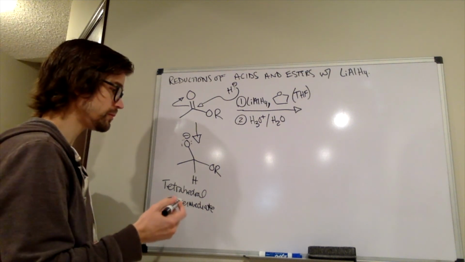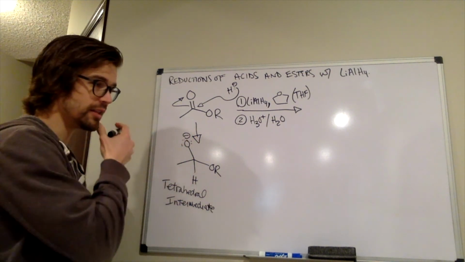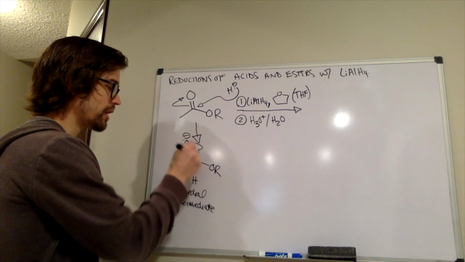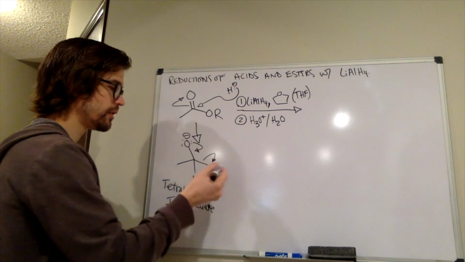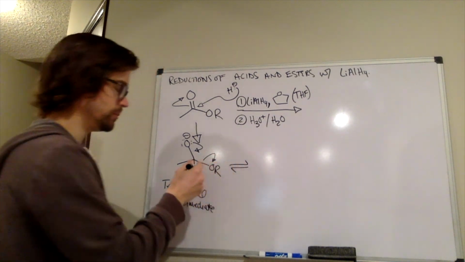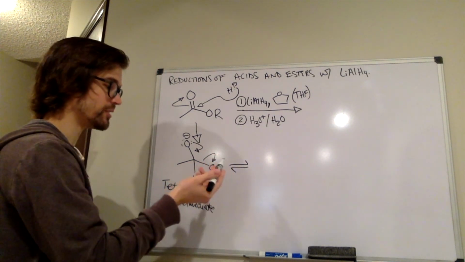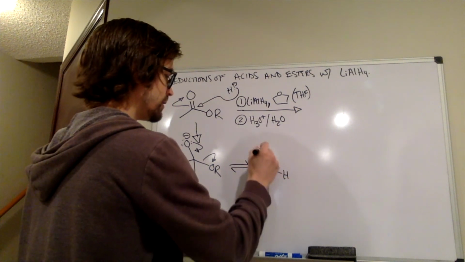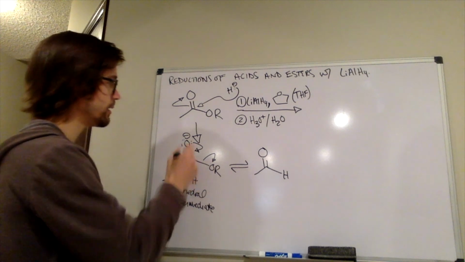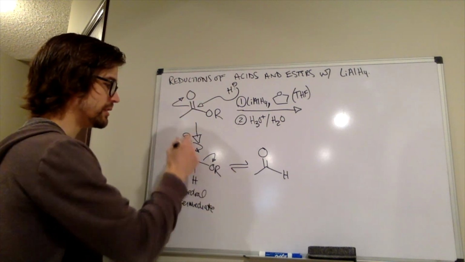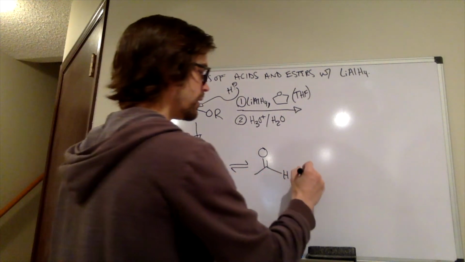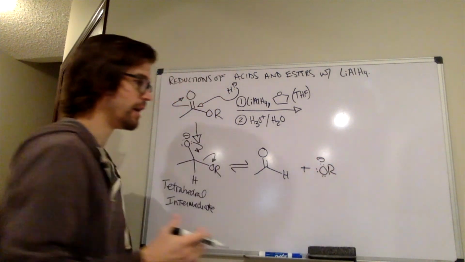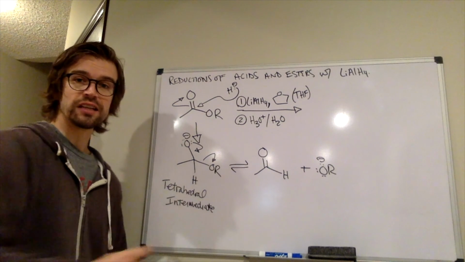Essentially, this pi bond is also able to come down and kick out this alcohol, which is essentially a leaving group. That would generate an aldehyde. So all of these pieces are still on there as the aldehyde plus OR-. And this is certainly an equilibrium arrow.